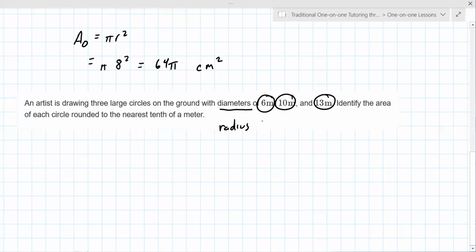The radius of 6 is 3, and then 5, 6.5. Perfect. So you need to find the area of each circle. So it's pi r squared. But this time they want you to round to the nearest 1/10 of a meter. So for this first one, it's pi 3 squared, which is 9 pi.